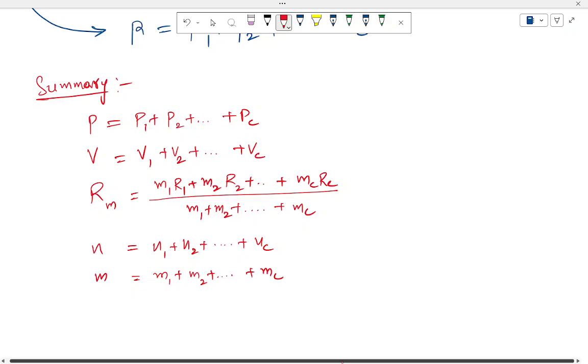So in your PV is equal to MRT and PV is equal to N R bar T, we spoke about pressure, the volume, the R and R bar, and also the M and N. The temperature is anyways the same for all the gases in the mixture.